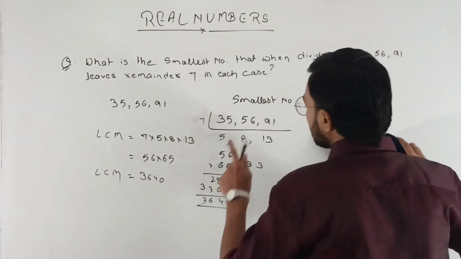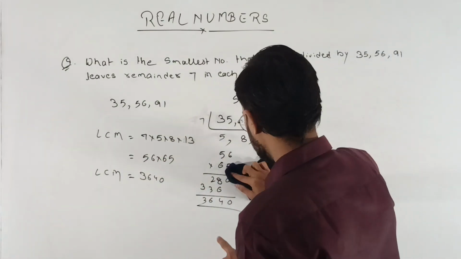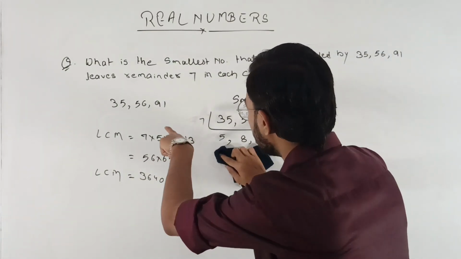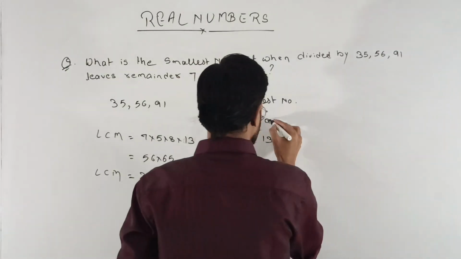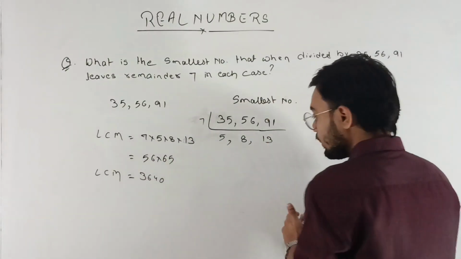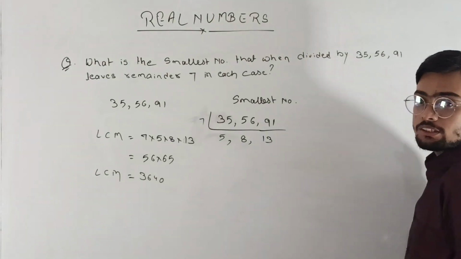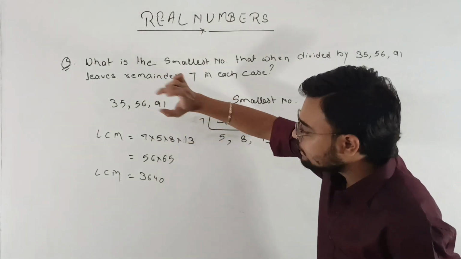So 3640 is the smallest number which is completely divisible by these three, 35, 56 and 91. Understood? 3640 is the smallest number which is completely divisible by these three.